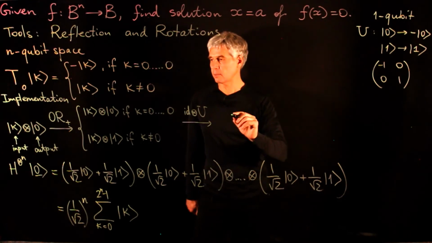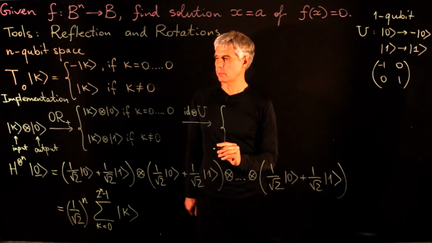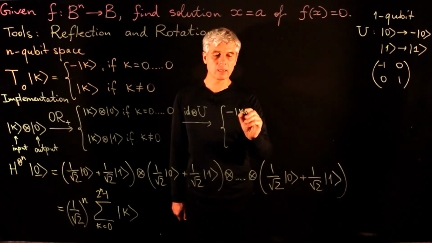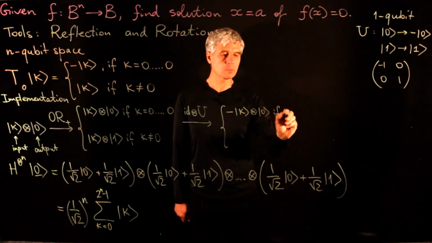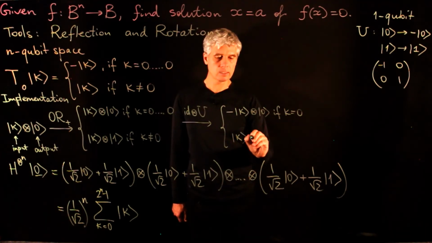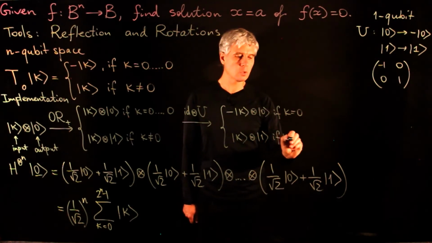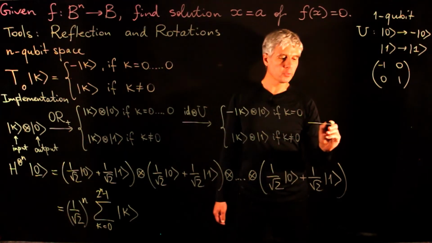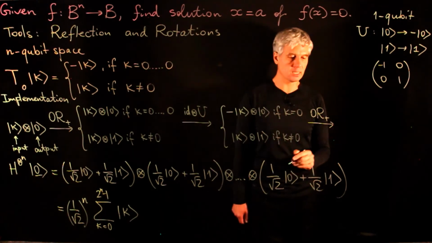The result of this will be negative k tensor 0 if k is equal to 0, and k tensor with 1 if k is not equal to 0. As a last step, we're going to undo this OR by applying OR again to this state.